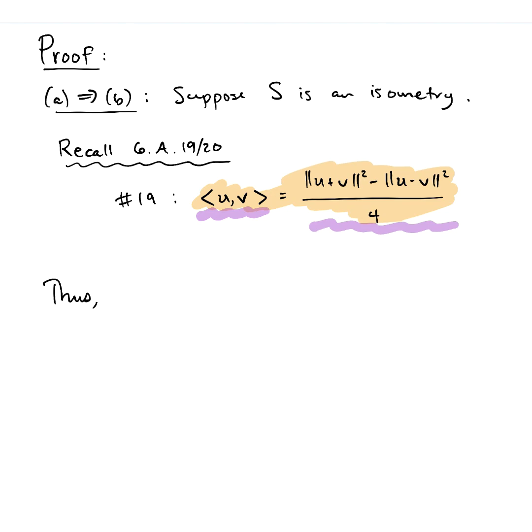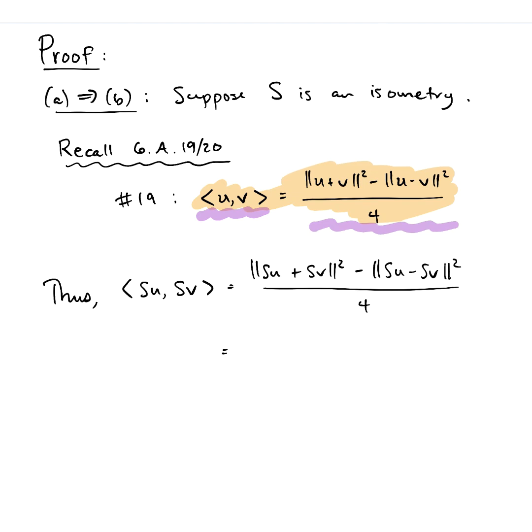Thus, if you were interested in the inner product of SU and SV, well, you could write that as norm of SU plus SV squared, take away norm of SU minus SV squared, all over 4.